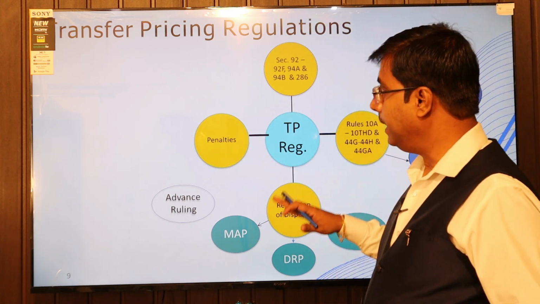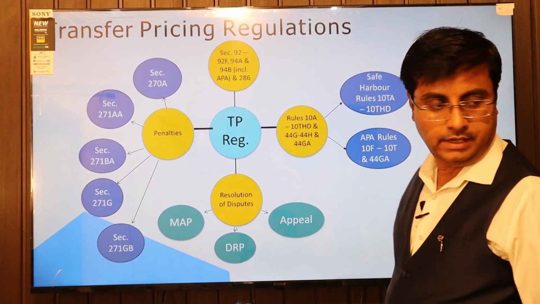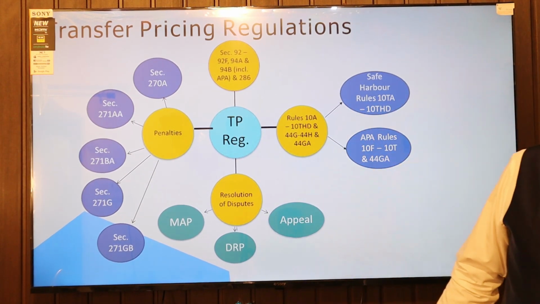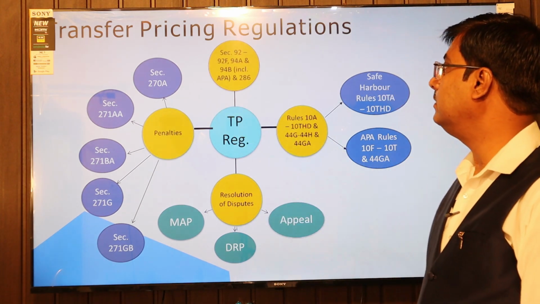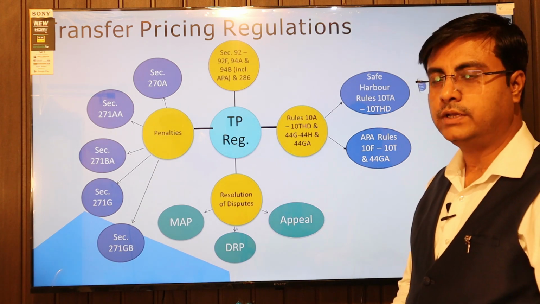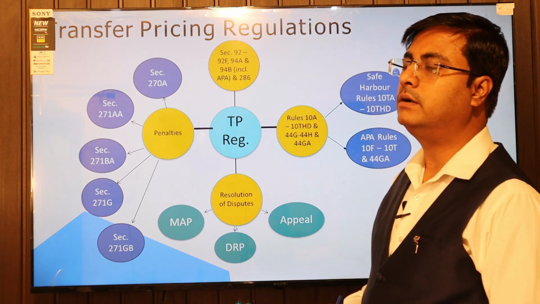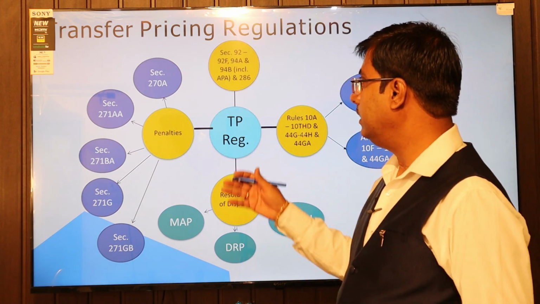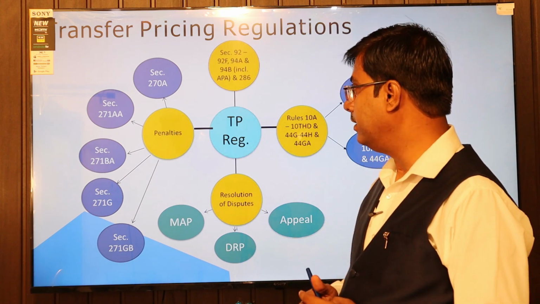So we will discuss penalty. Section 270A previously related to section 271(1)(c), that is penalty for concealment of income. Now they have amended it to section 270A for misreporting or underreporting of income.